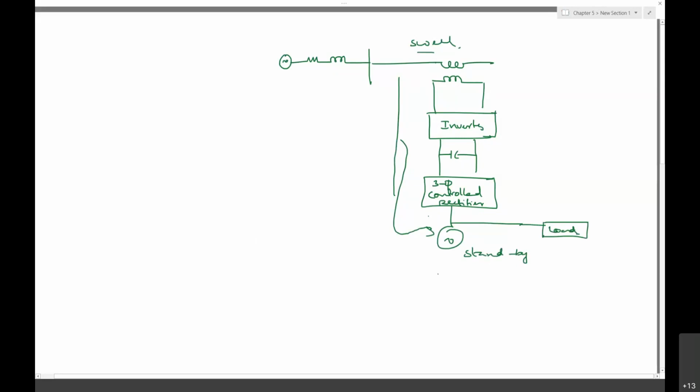We have seen how the power flow will be in a sag condition, and what kind of device should be connected in order to mitigate the sag condition. Even under the swell condition, the system should be the same.